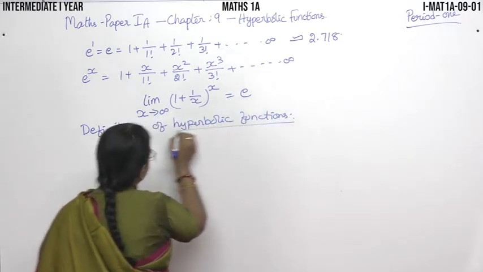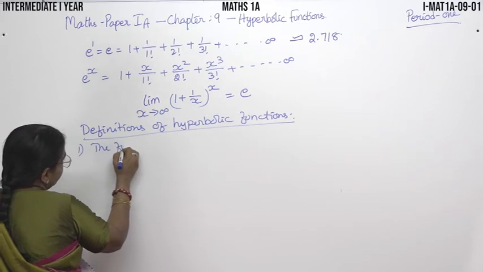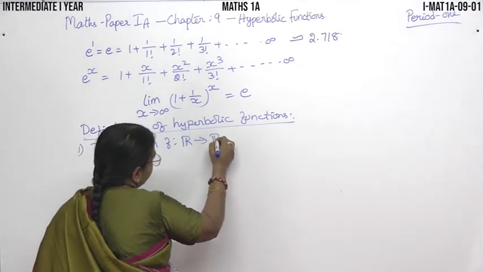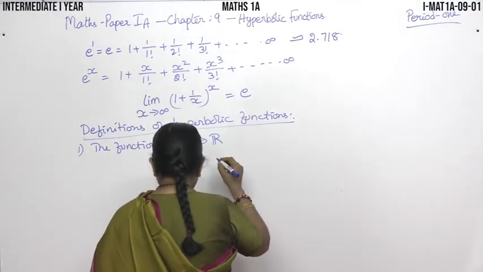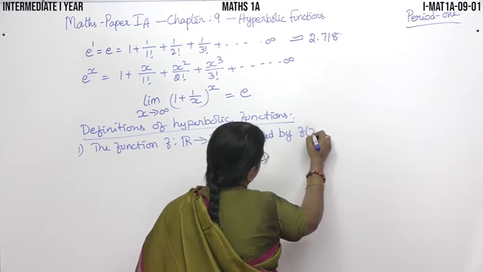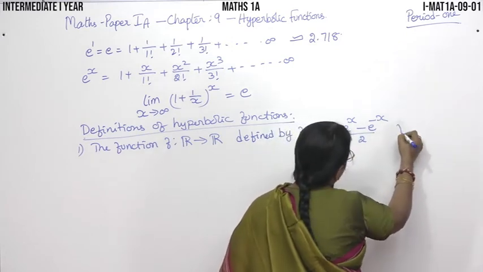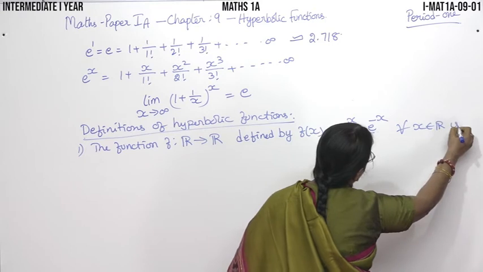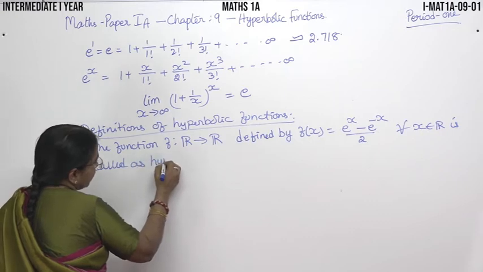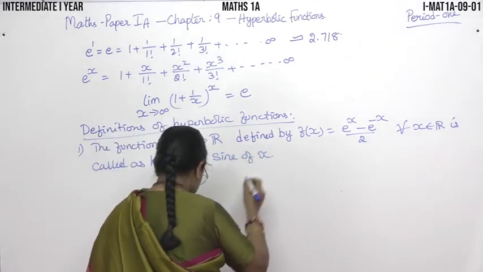So suppose that the function f from R to R, a real function, with domain and codomain subsets of the real number set, is defined by f of x is equal to e to the power x minus e to the power minus x by 2 for all x in R. It is called the hyperbolic sine of x.